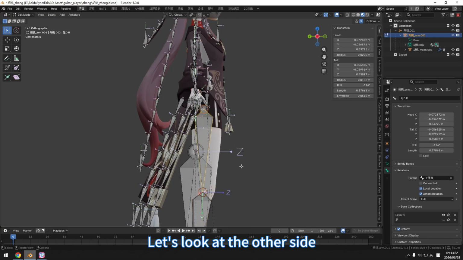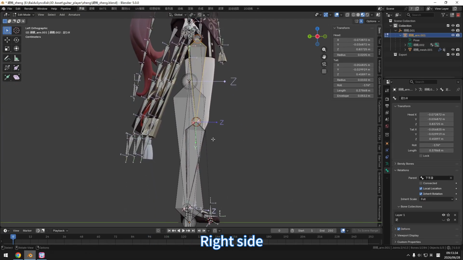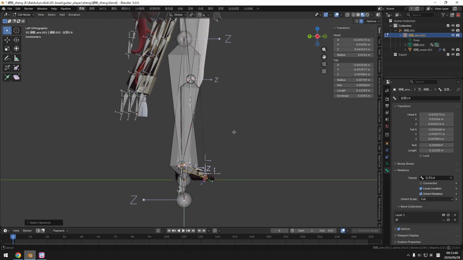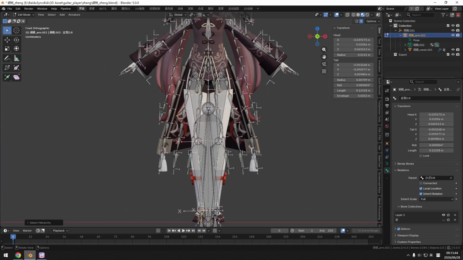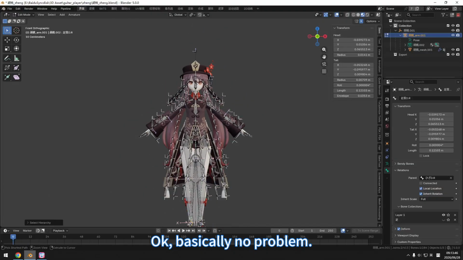Okay, let's look at the other side. Right side. Okay, basically, no problem.